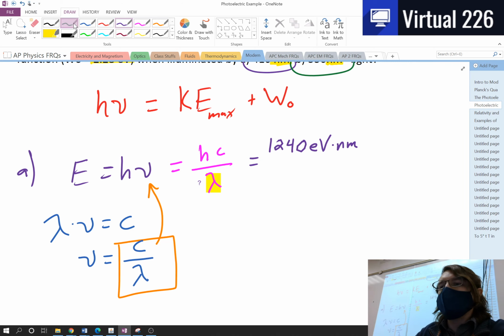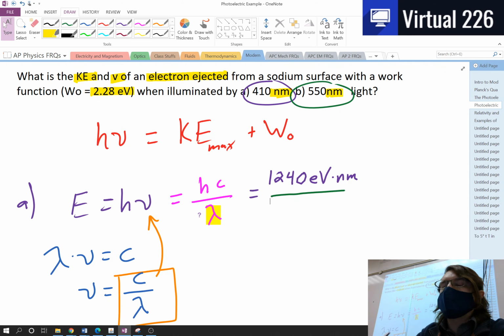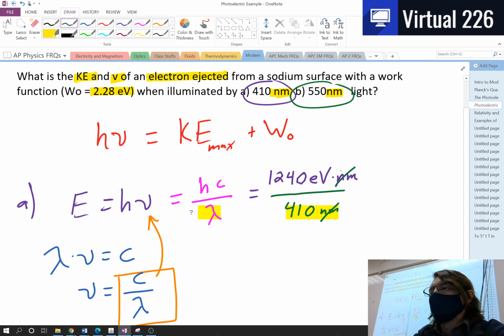This is so helpful because when we divide by the wavelength, which happens to be in nanometers, the nanometers divide out, and we get a value in electron volts, which is an appropriate unit of energy, and is what our work function was given in anyway.